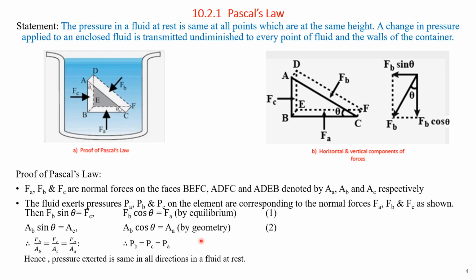This proves that for a liquid in equilibrium, the pressure is the same at all points in a horizontal plane. Suppose the pressure were not equal in different parts of the fluid, then there would be a flow, as the fluid would have some net force acting on it. Hence, in the absence of flow, the pressure in the fluid must be the same everywhere in a horizontal plane.